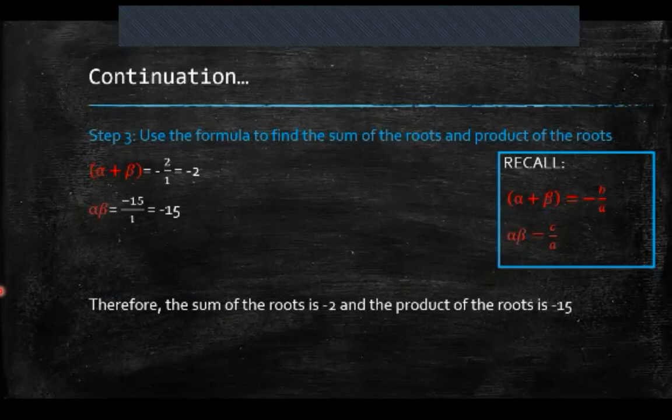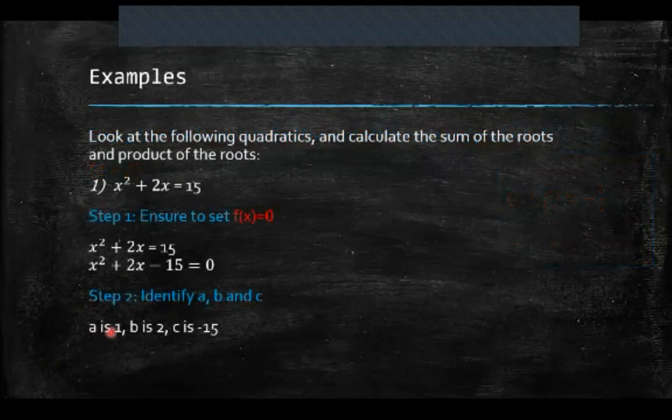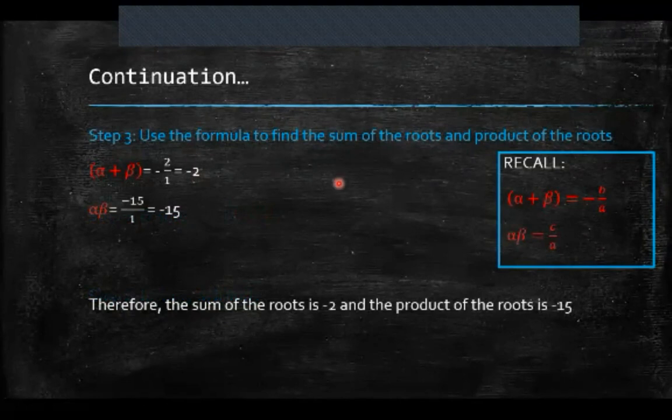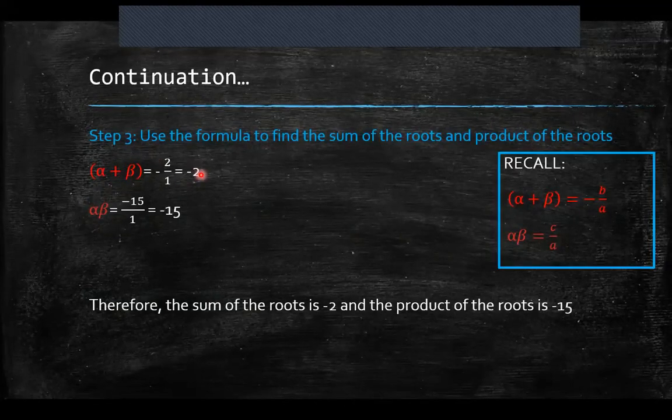Because I know my values of a, b, and c from before, a is 1, b is 2, and c is minus 15, all I have to do now is substitute into my formulas. When I do that, I get that the sum is minus 2 and the product is minus 15.